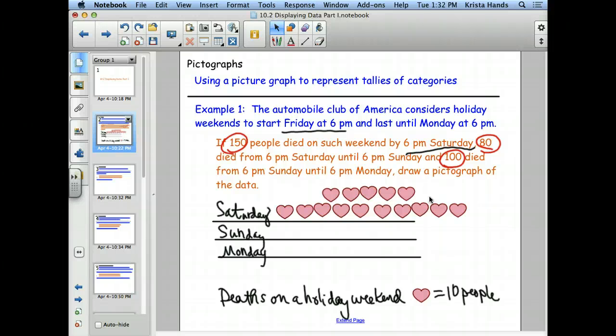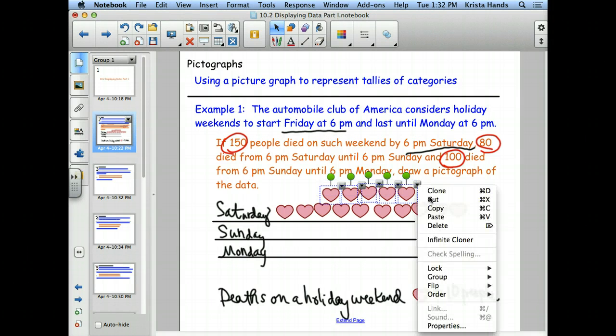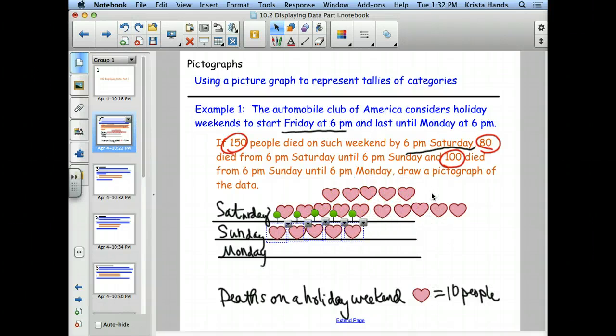All right, how many hearts am I supposed to have then on Sunday? 8. Well, there's 5 of them. They should line up because you want to be able to compare them. That's why I say that this is not good, because I should have the 5 over there. They should compare up. And then I need 3 more, right?